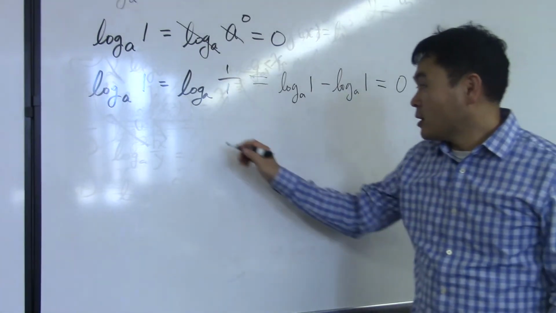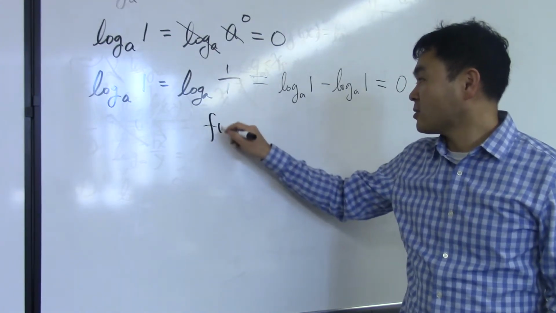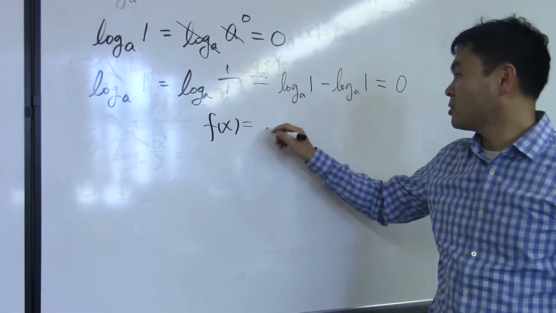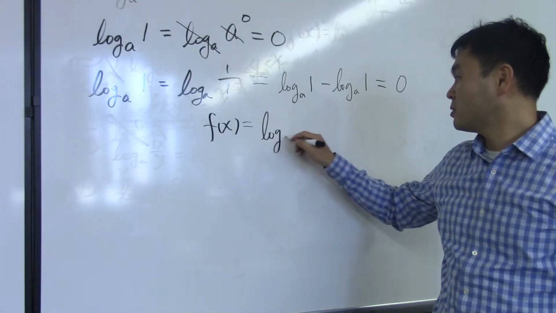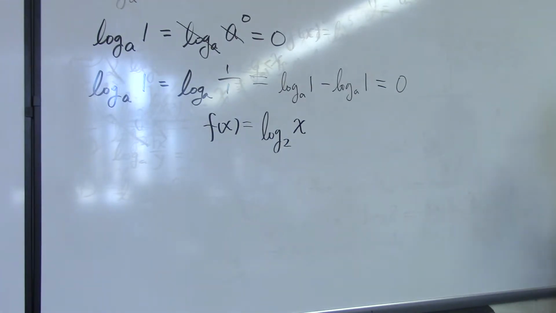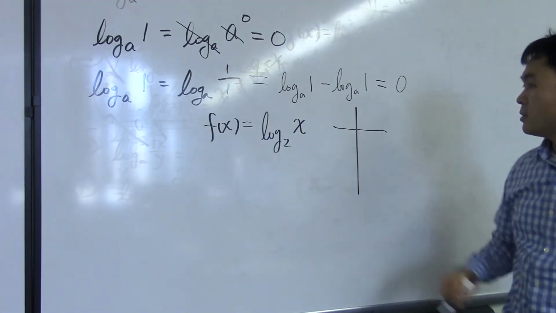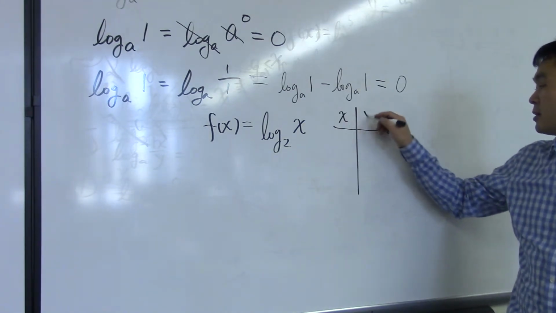Okay. All right. Now let's think about the graph of logs. f of x equal to log 2 of x, for example. We should make a table for x and y.